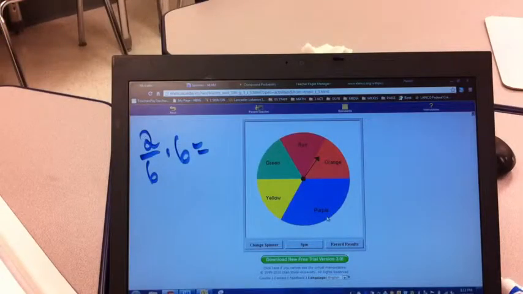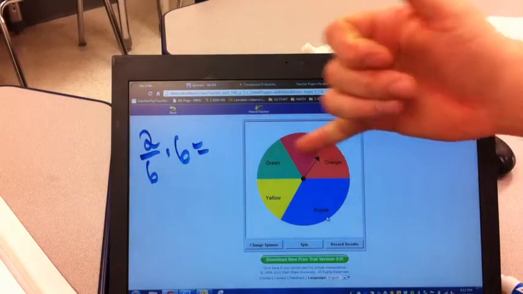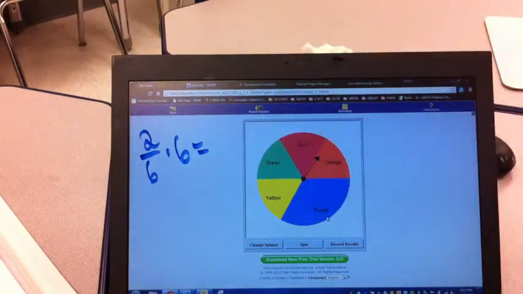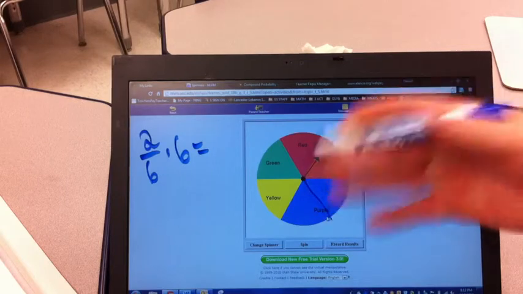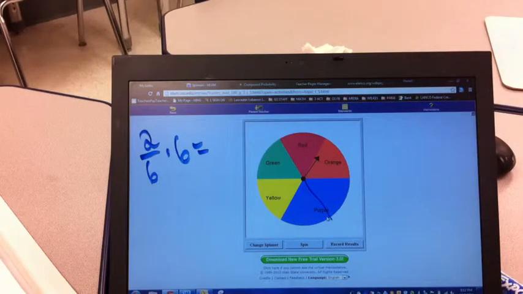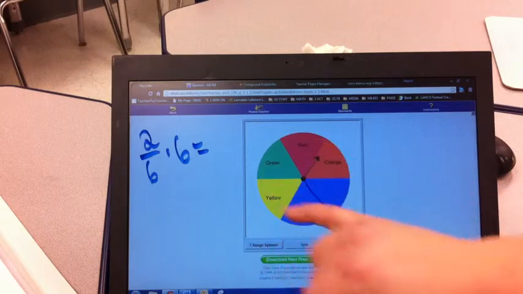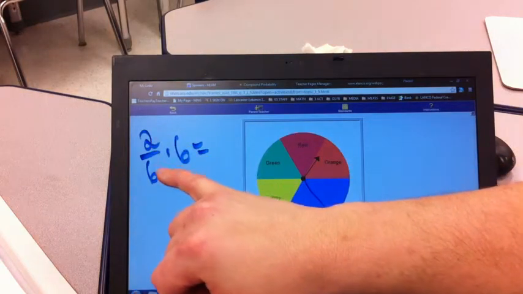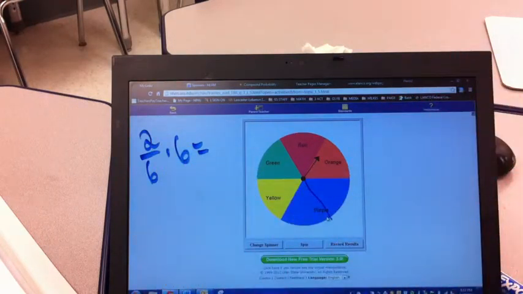Okay, so let's apply this idea. I'm going to take a look at the spinner we used before. 1 red, orange, green, yellow, and I have 2 purple. Remember, if I would split this, I would have 2 purple. So my purple becomes 2 out of 6 total pieces. So I wrote my probability here, and I'm going to multiply it by 6. I'm going to do 6 spins and record results.